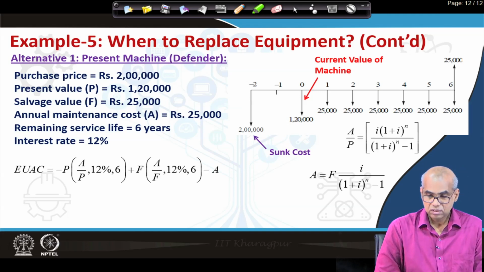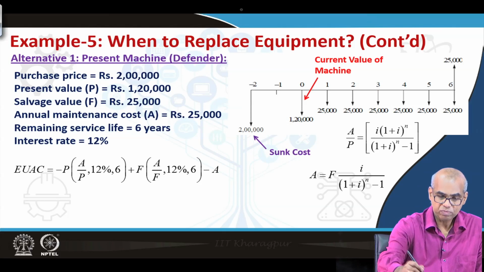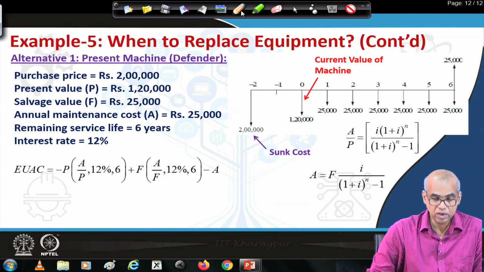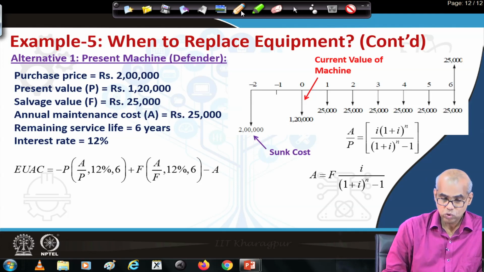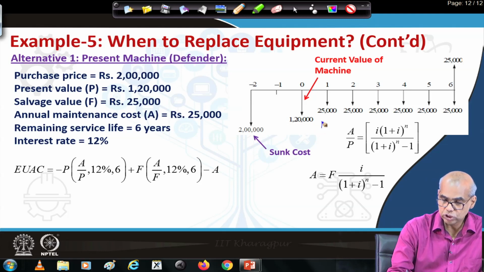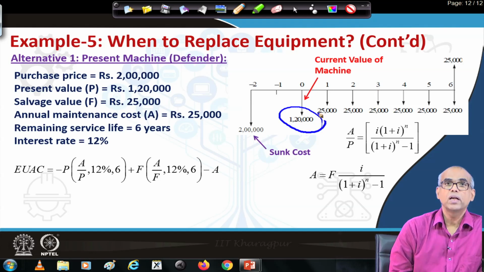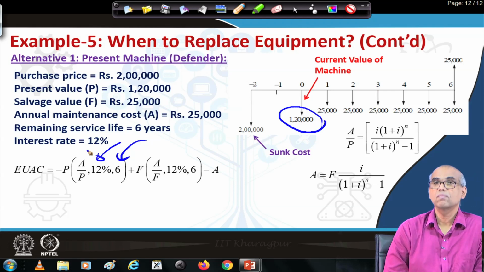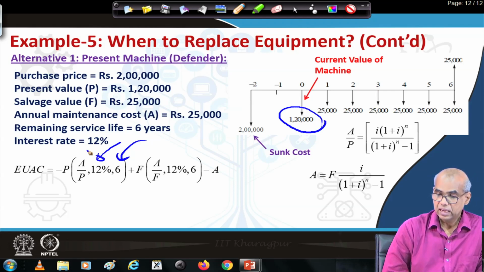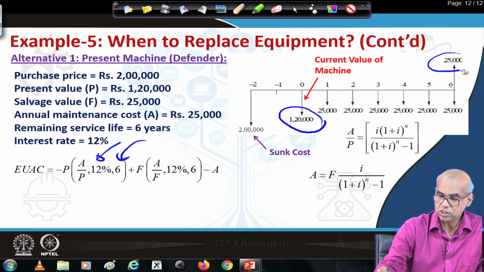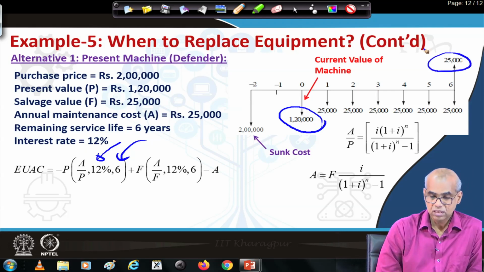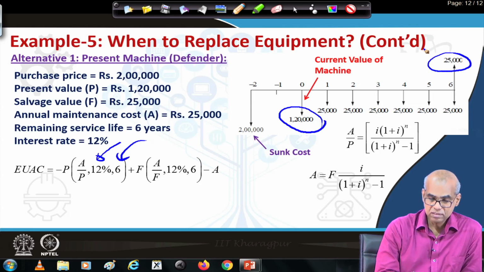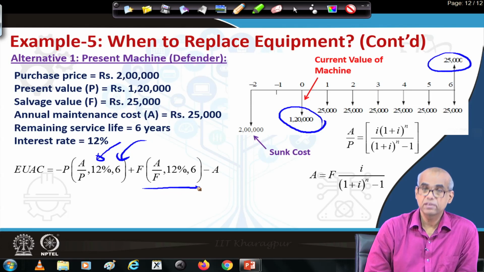So, now it is straightforward to compute the equivalent uniform annualized cost. You have at time t equal to 0 a negative cash flow of 1,20,000. So, let us annualize it over a period of 6 years at an interest rate of 12%. Then at the 6th year, I have a positive cash flow of rupees 25,000. Again, we annualize it for 6 years at an interest rate of 12%.